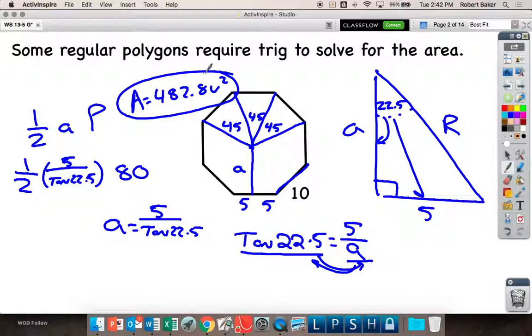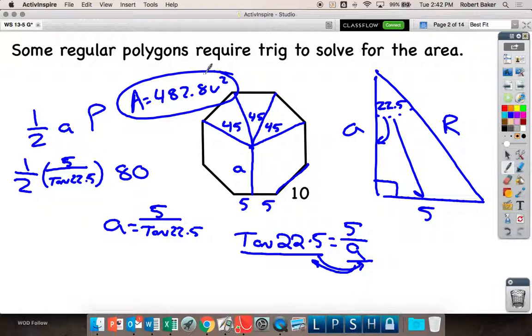Guys, how many points in this process is there an opportunity to make a small mistake? A lot of them. So what will never change, ever, is that every octagon has a 22.5, 90, 67.5 right triangle created by the apothem and the radius. That will never change. So let's practice that one more time.